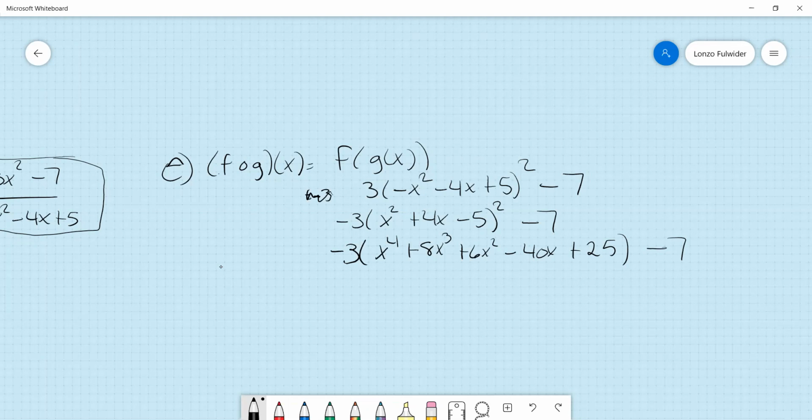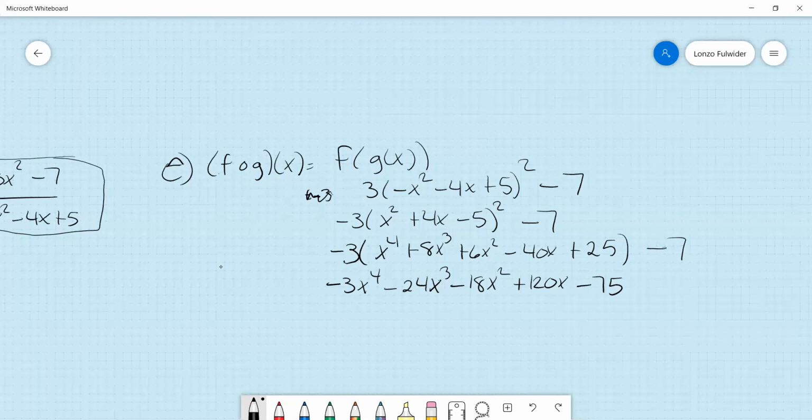So when you distribute this negative 3, it's going to be negative 3x to the fourth minus 24x cubed minus 18x squared plus 120x minus 75, and then don't forget about this negative 7.